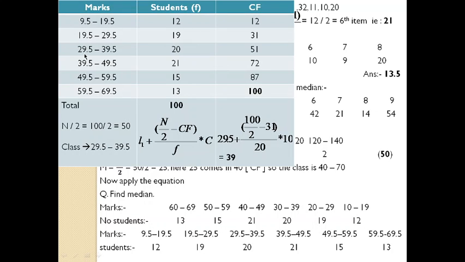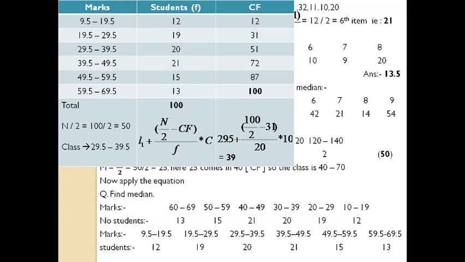If you go through the computation, 39.5 minus 29.5 is 10. Here it is 10. So if you solve this equation, you will get the answer 39. This is how you have to prepare a continuous series case, so that you can substitute the same details in the corresponding equation.